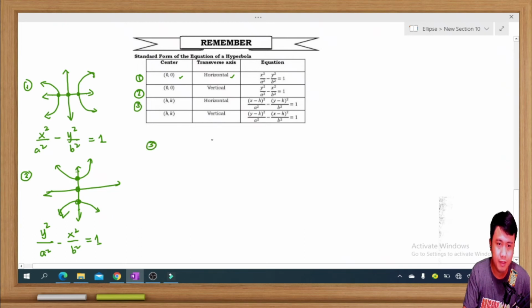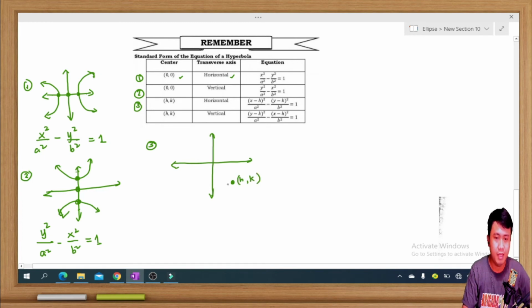Number 3 naman tayo. This time, hindi na po 0, 0 ang ating center. Maybe around here. Ating center. That's H and K, no? Yan. Okay, if this is our center, and ang ating transverse axis ay horizontal. So, transverse natin pa horizontal. And so, nandito din, dito rin natin makukuha yung ating vertices ng ating hyperbola.